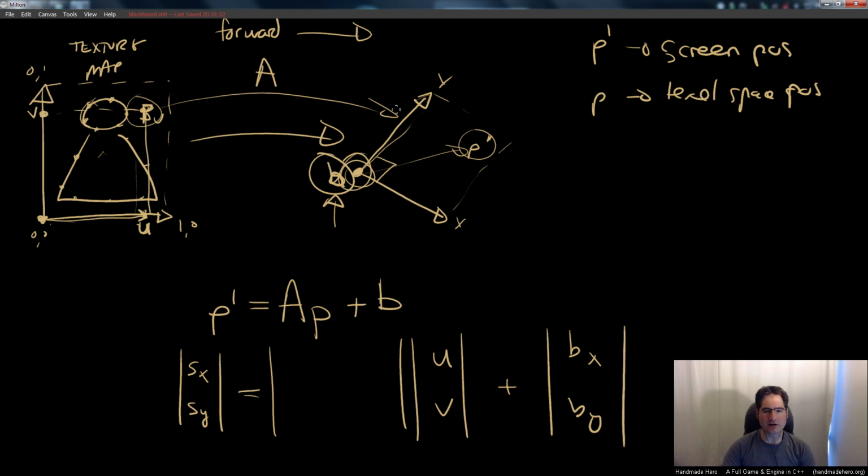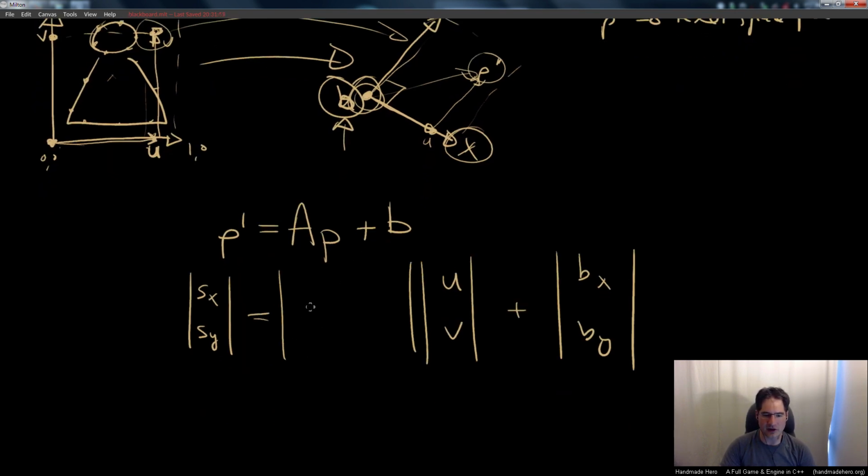So if I wanted to reproduce this point over here, then what I was thinking to myself is, well, okay, if I want to go however far I need to come this way for my u coordinate, and however far I need to come this way for my v coordinate, well, then clearly the x vector, whatever this x vector is here, is just the columnar component of this guy.